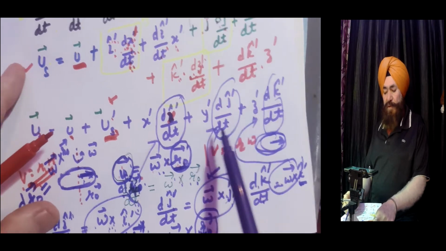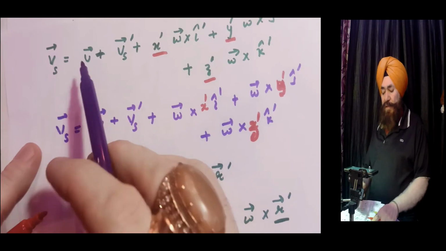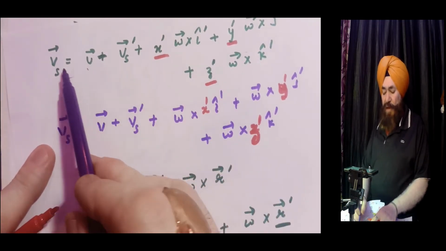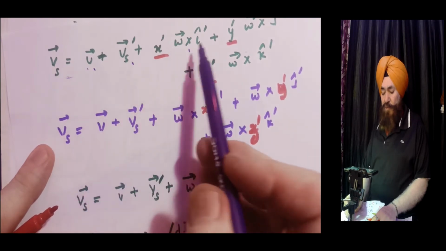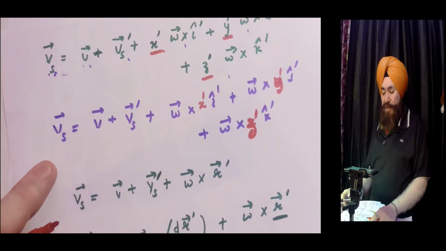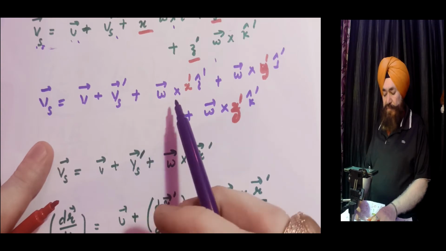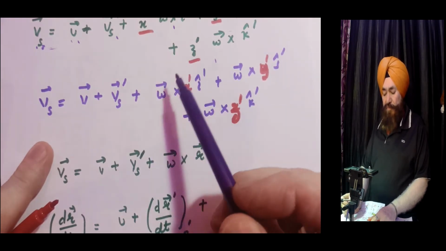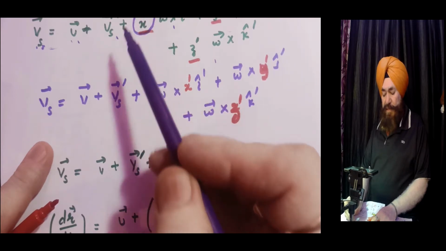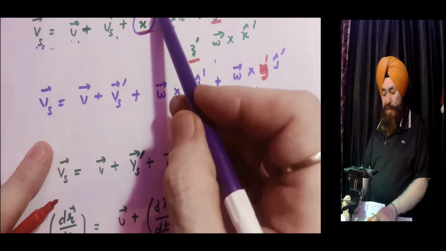So this relation becomes like this. I have 1, 2, 3, 4, 5 terms on the right hand side, and one term on the left hand side. Now this x dash may be written here.